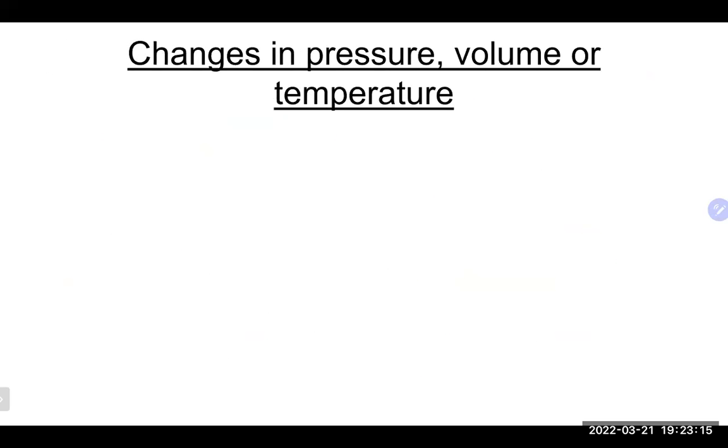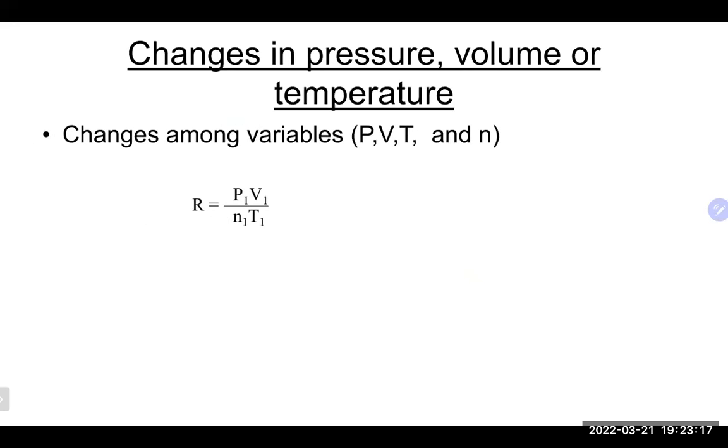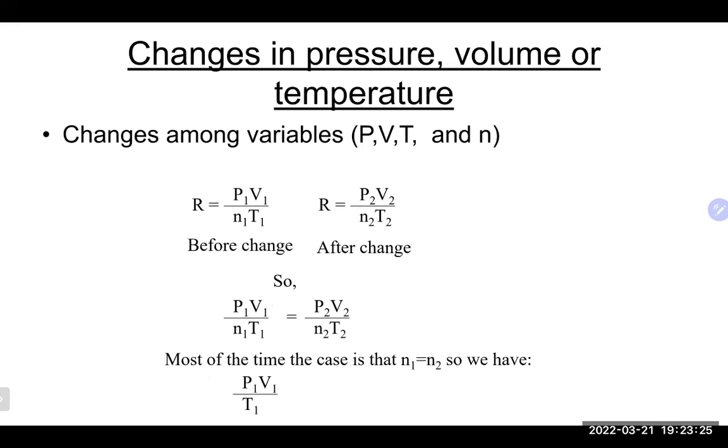So we've talked about keeping one variable constant, but we can maybe have all 3 variables changing at once. And this is what is sometimes referred to as the combined gas law.